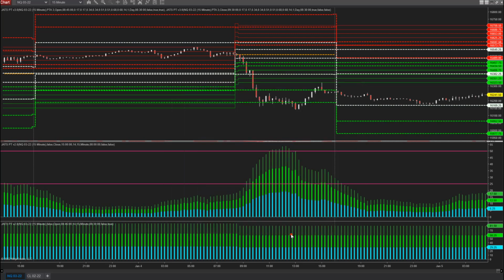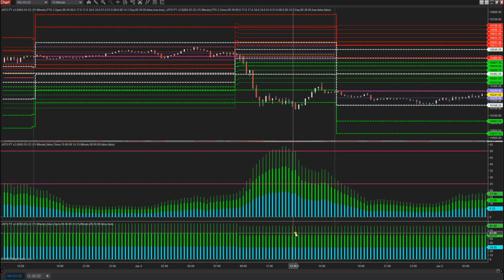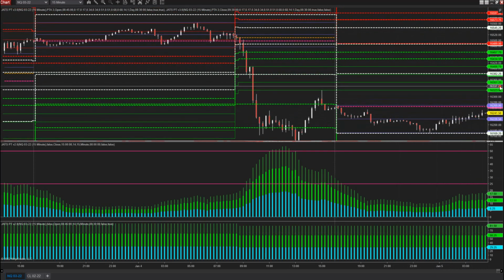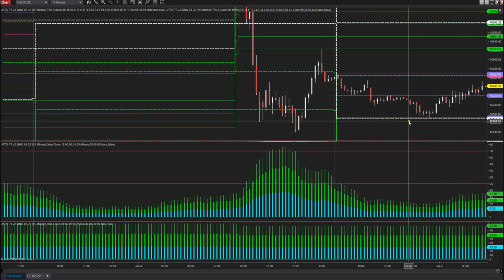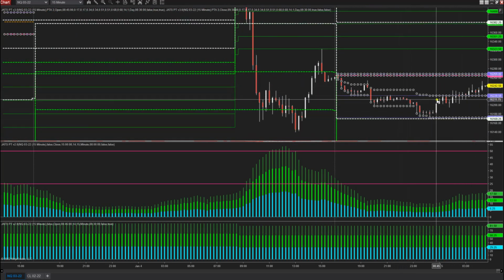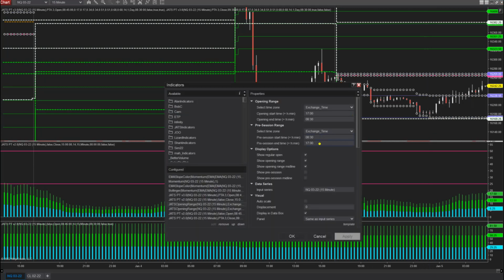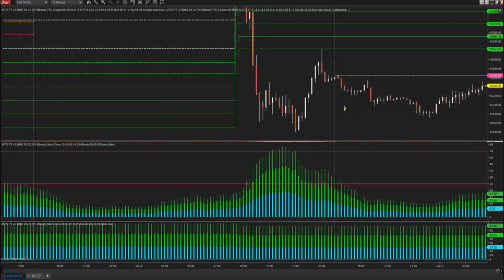Here's the mid band of the Globex. It's kind of hard to see, I've got it very light, but let me change this back to the regular Globex open, the pink.